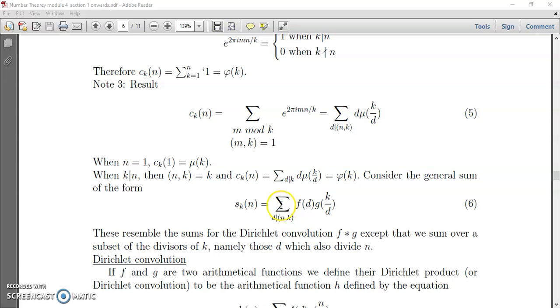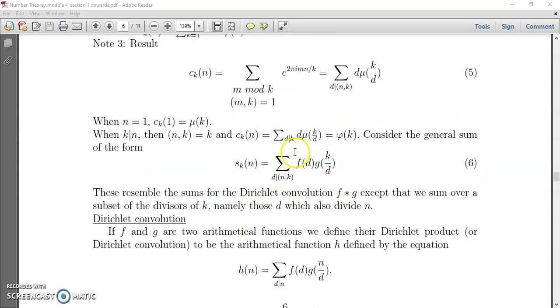The only difference is that here we consider the sum d divides over (n,k), and earlier we had only d divides over k. So here d divides n and d divides k. So the convolution sums over a subset of the divisors of k, namely those d which also divide n. So that is the difference.